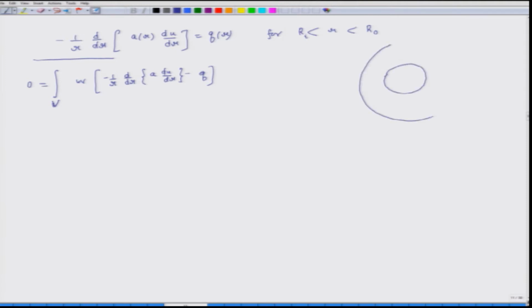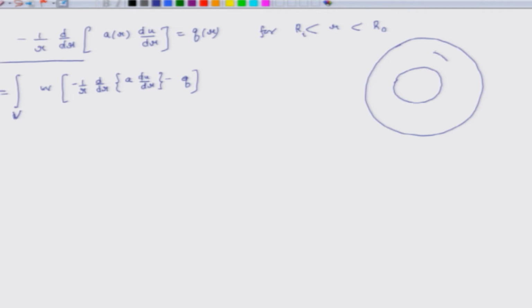Suppose this is my cross section and I am looking at a small element of this. That is my Ri. The location of this element is r, the thickness of this element is dr, and the length of this element is r d theta.